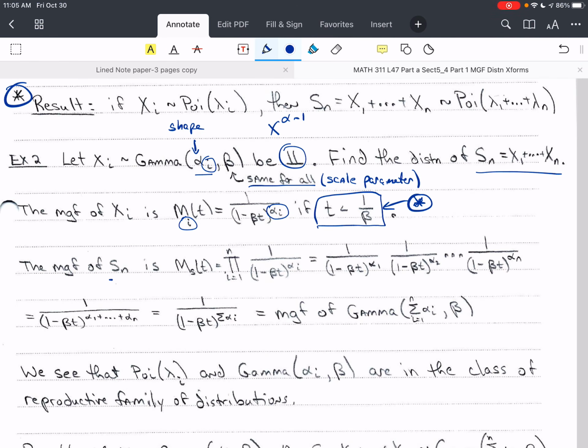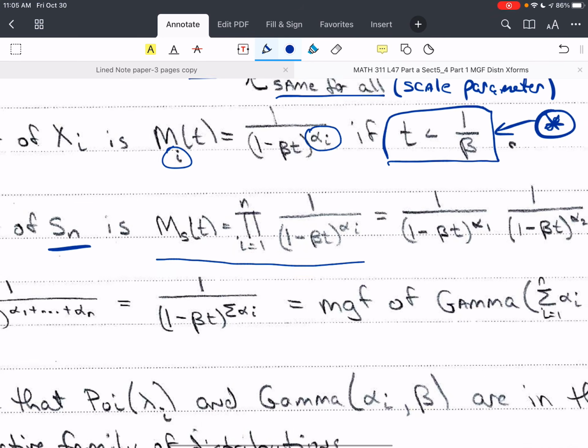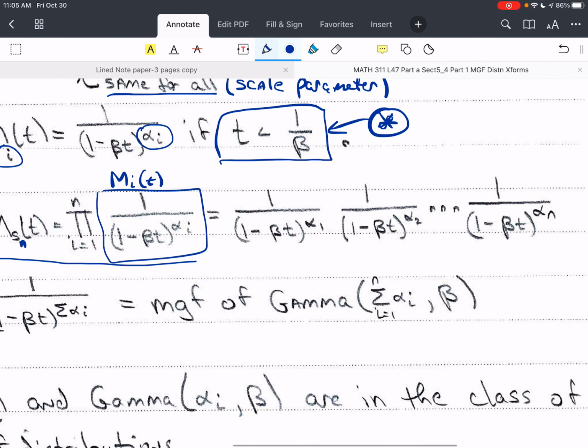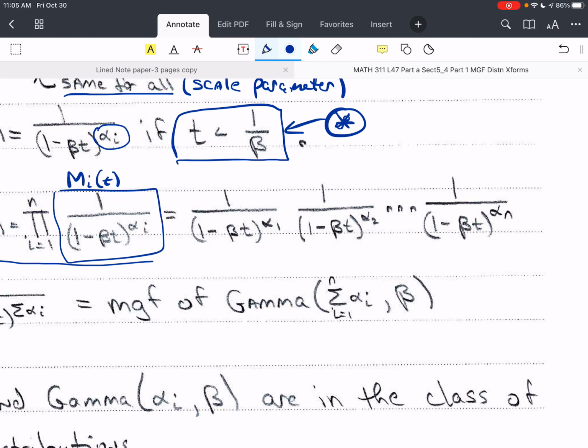So the MGF of the sum of these random variables, from our transformation theorem for the MGF method, is the product of the M sub i's. We've just substituted that in for the result of the theorem, and then I can expand this and write these out as the products here.